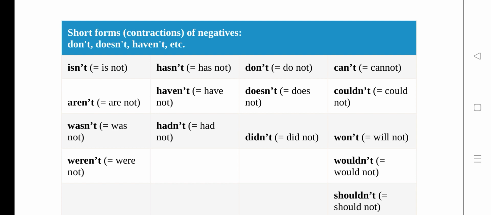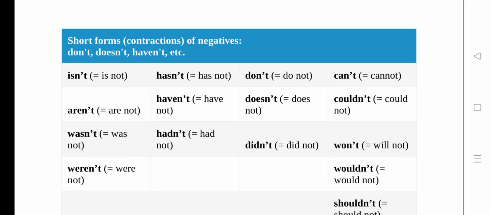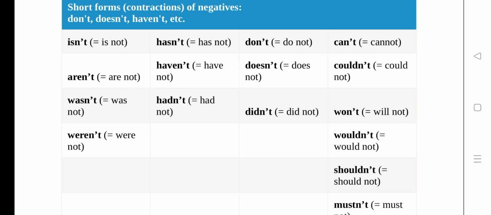Look, we use an apostrophe in place of the missing letter, and we also skip the space between do and not. So we will use don't. Cannot, can't; are not, aren't; could not, couldn't.